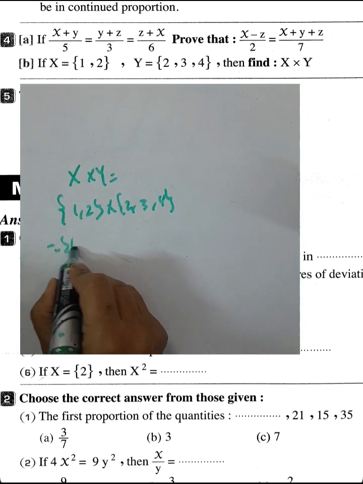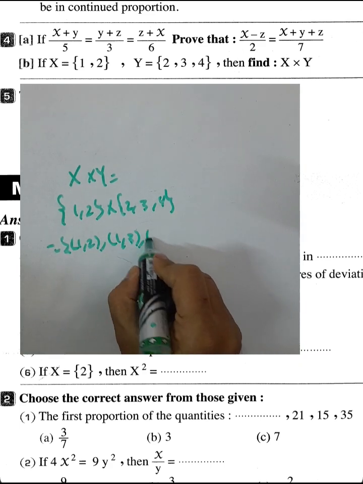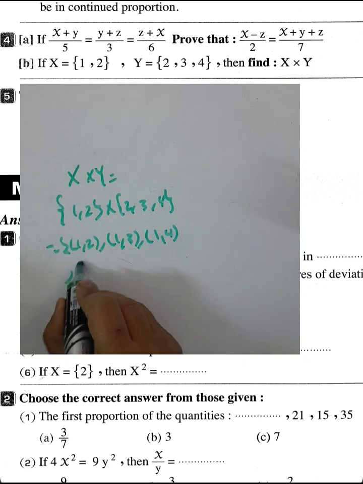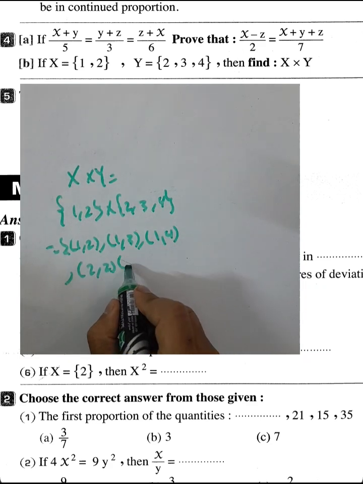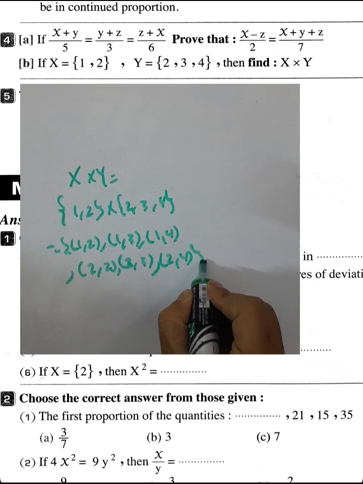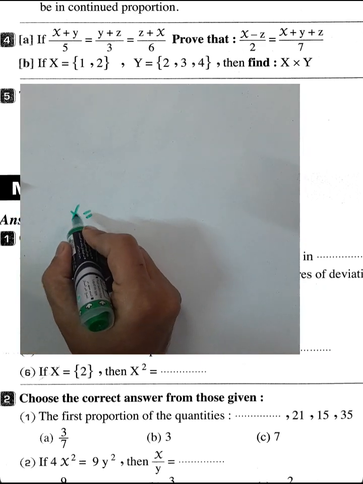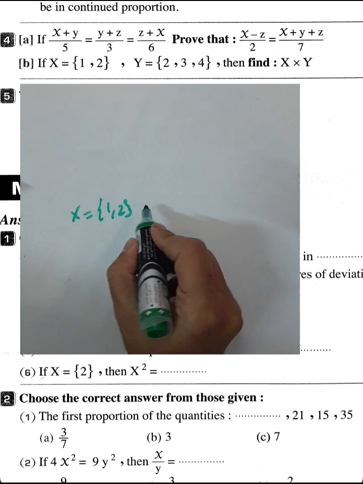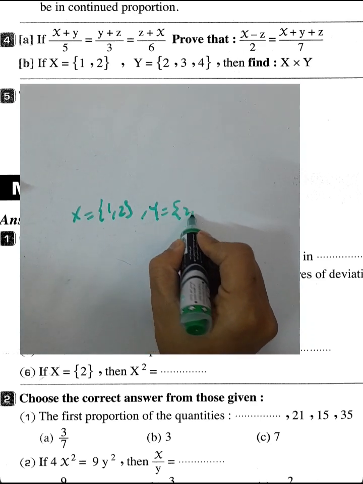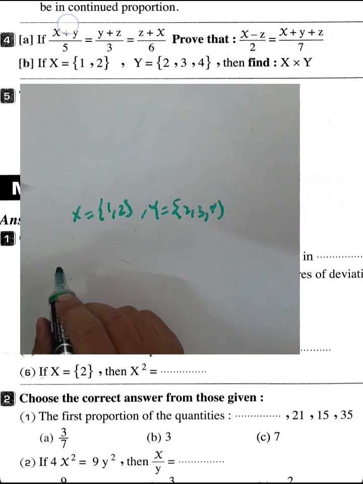First the ordered pairs: 1 and 2, 1 and 3, 1 and 4, and then 2 and 2, 2 and 3, 2 and 4. Okay, it's a Cartesian product between two sets.